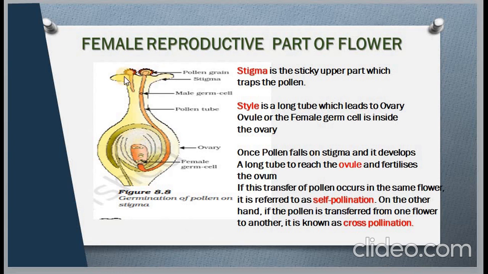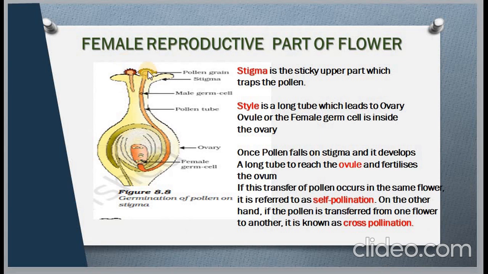So I told you the top part is stigma, which is very sticky, and as soon as the pollen falls on it, it is very difficult for it to reach down till ovule, right? It is a small tiny cell. What happens is, as soon as it falls on the stigma, a tube-like structure develops from the pollen. This is known as pollen tube.